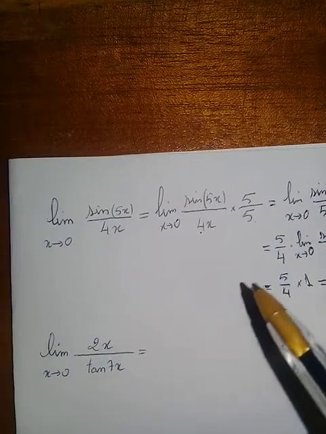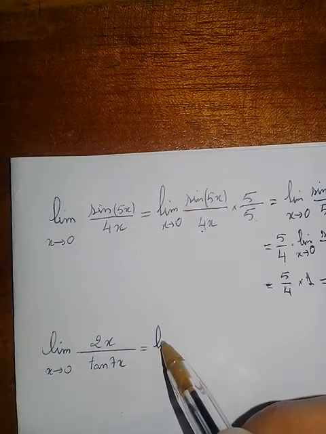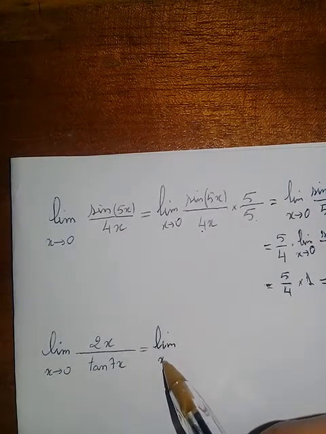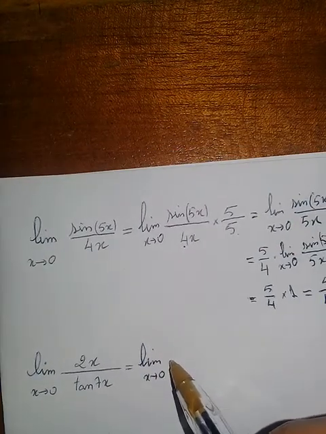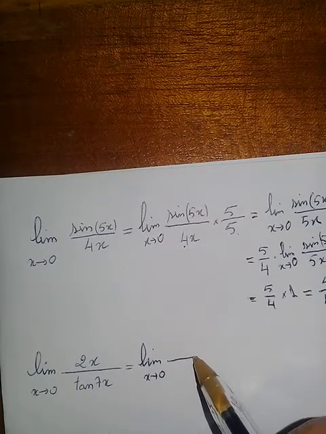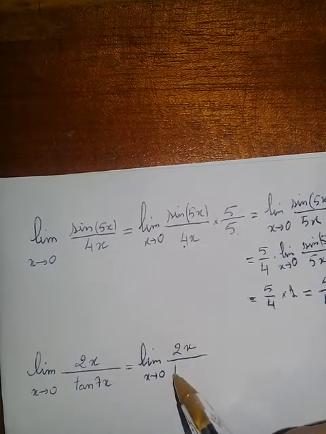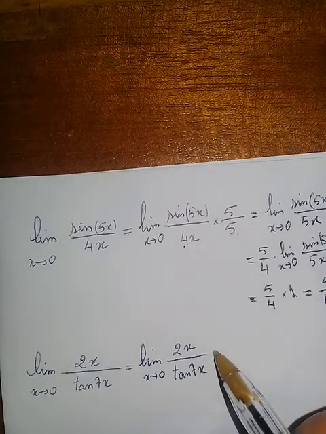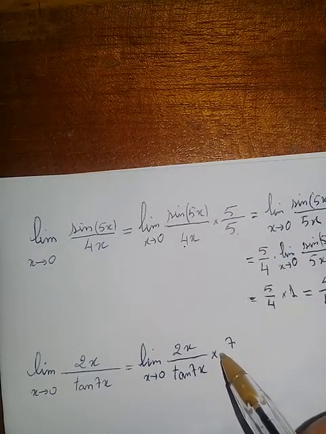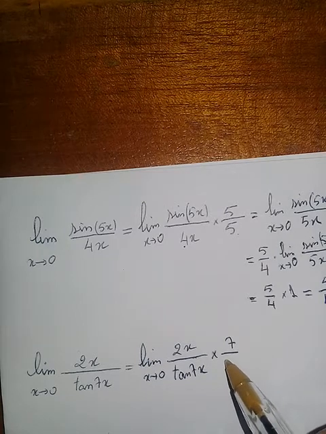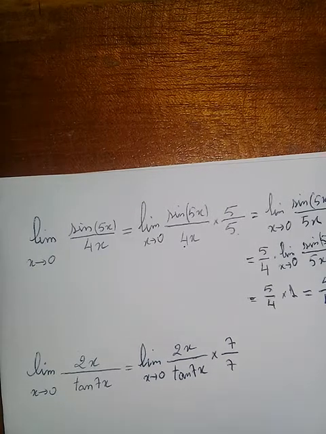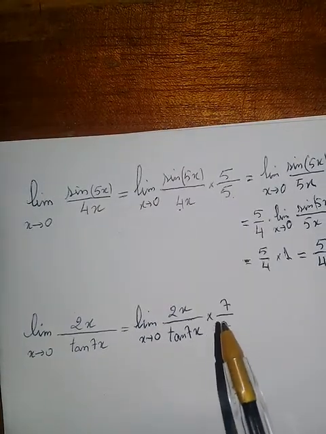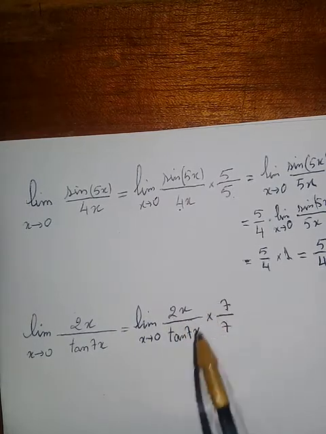The same thing as before, it's the limit x approaching 0 of 2x over tan 7x. I multiply by 7 on the top and 7 on the bottom, and then switch the 2 and the 7.